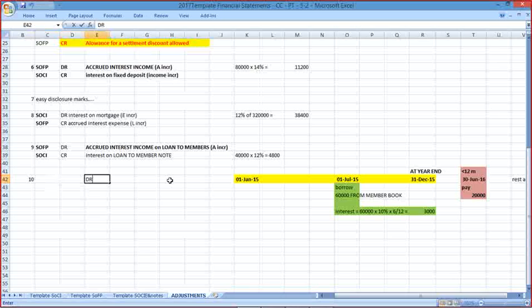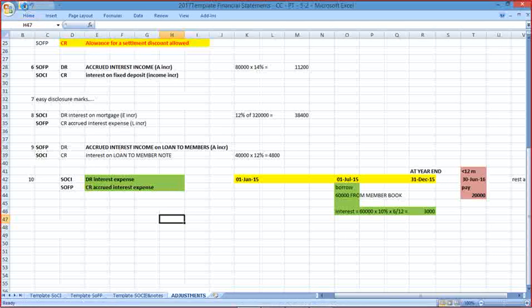Correct. So debit the interest expense, credit the accrued interest expense. Okay. Right, so financial position for this, comprehensive income for that.